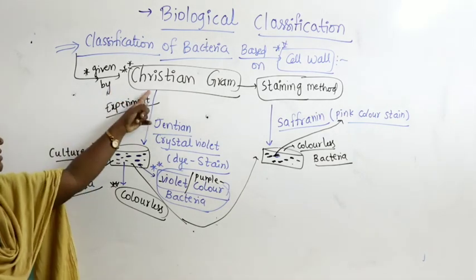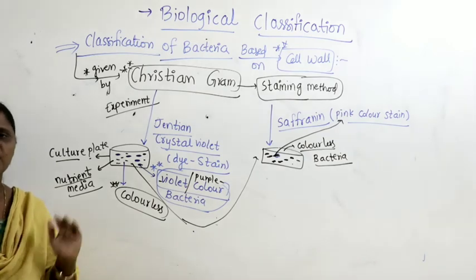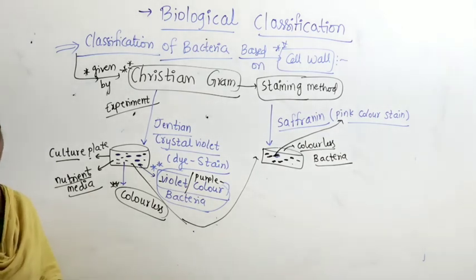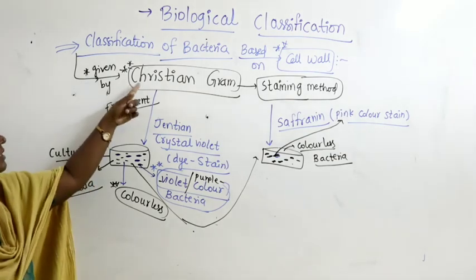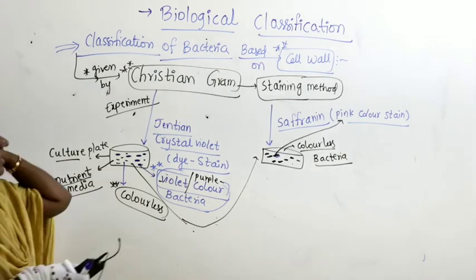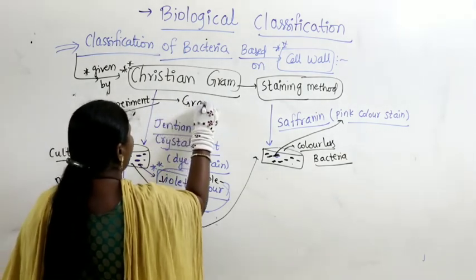According to Christian Gram, the bacteria are classified into two categories, gram positive bacteria and gram negative bacteria. Again I repeat, the experiment of the scientist Christian Gram is called gram staining.